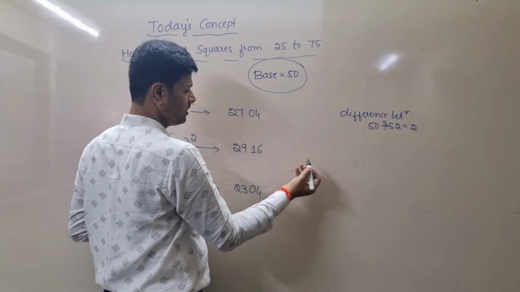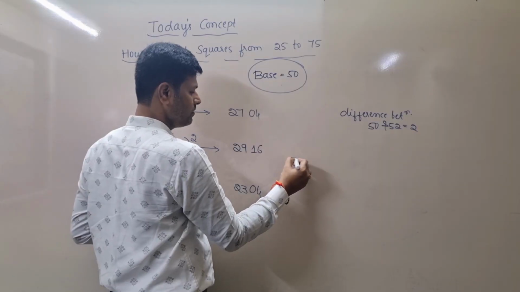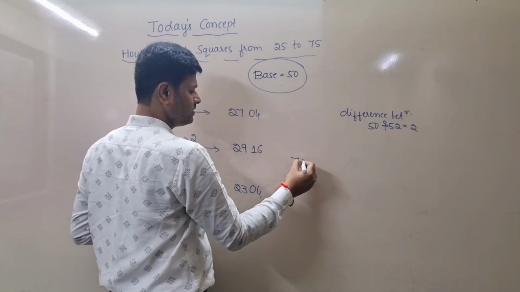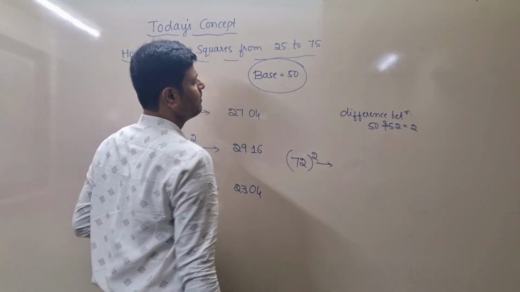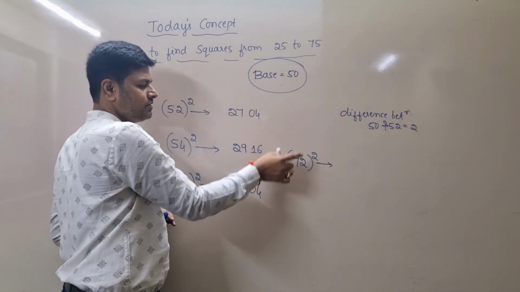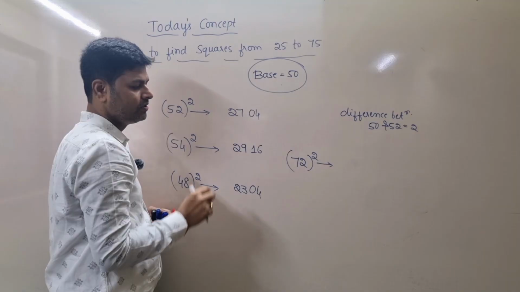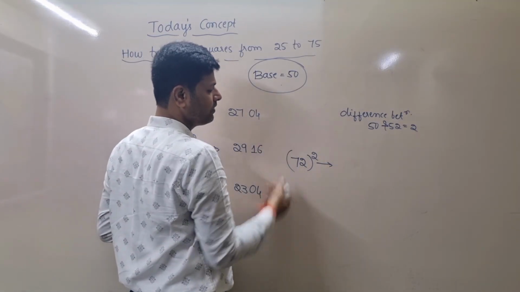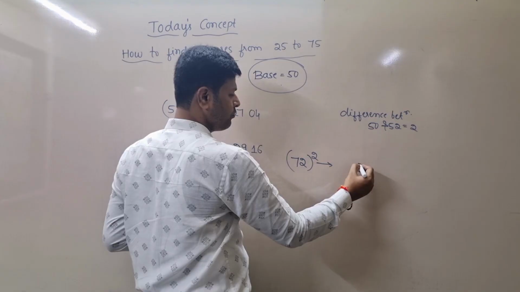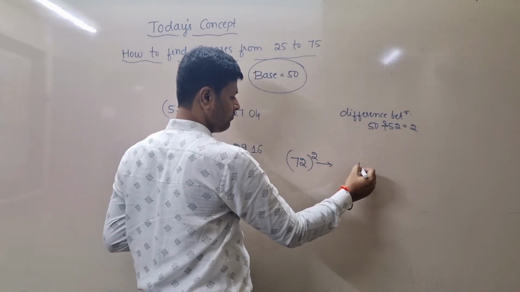Now suppose I am talking about 72 square.